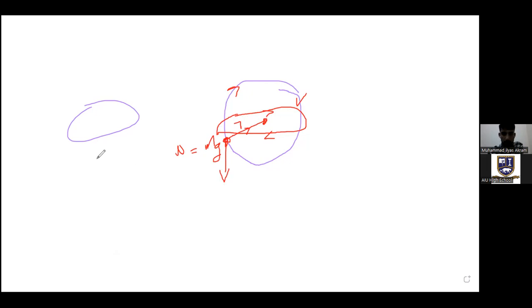So we can say that this motion is caused by the centripetal force, and the centripetal force will be provided by the tension and the weight of the body. So here the tension is stronger than the weight of the body, because it does not allow the body to move in the outward direction.